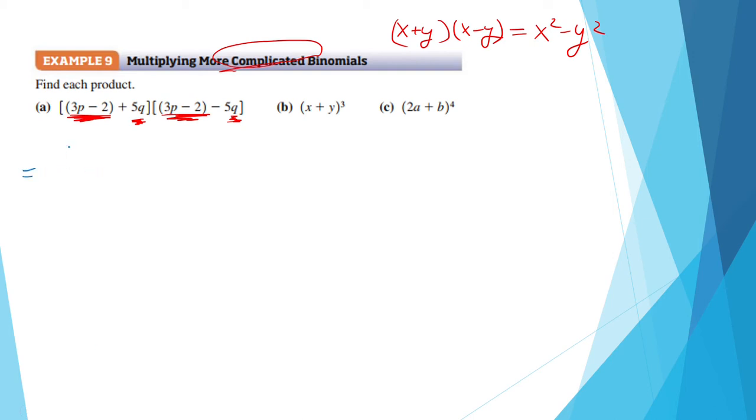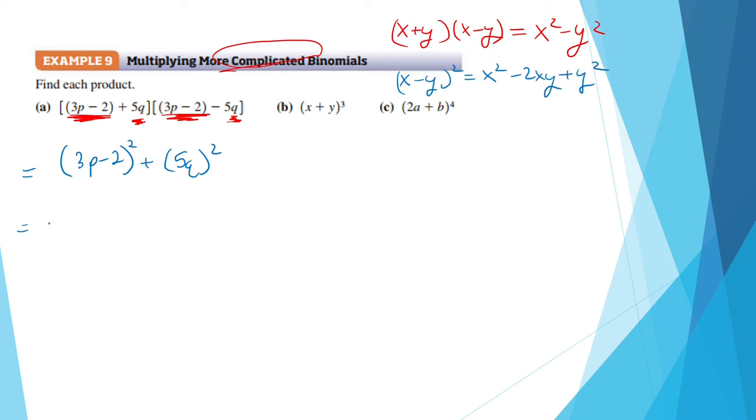This simplifies to (3p minus 2) squared plus (5q) squared. And now I'm going to use another formula for this. Remember, (x minus y) squared is the same as x squared minus 2xy plus y squared.